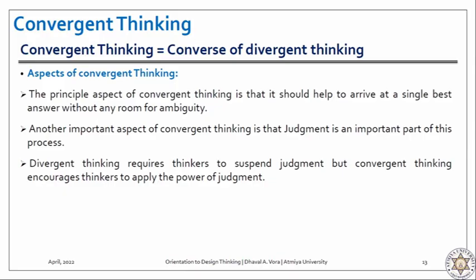But in the case of convergent thinking, you concentrate on a single solution, a single idea, go through a rigorous thinking process, and finally a very concrete solution will come up at the end of the divergent thinking.